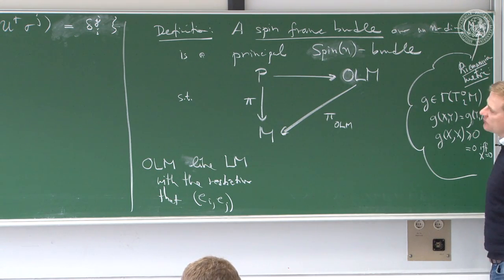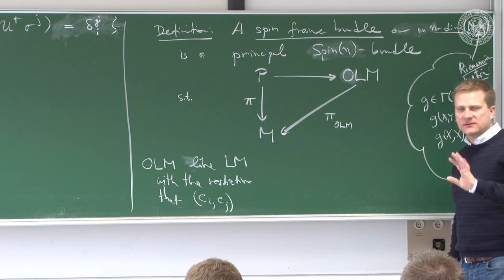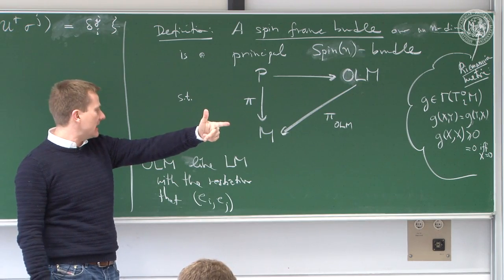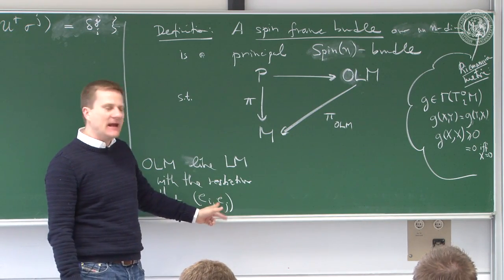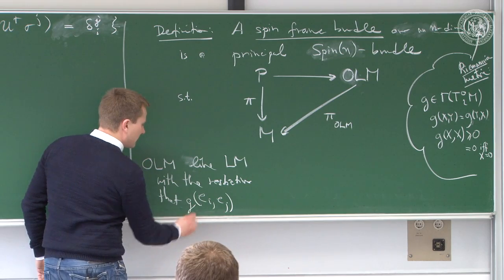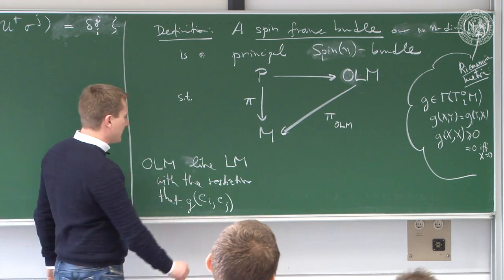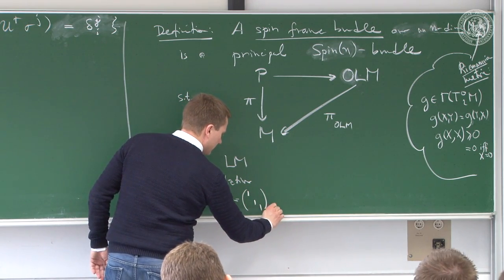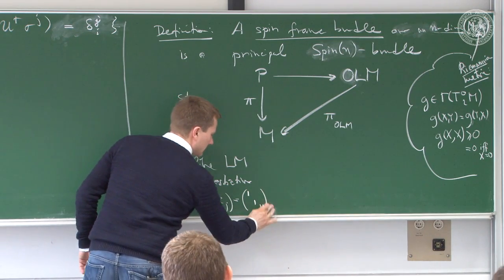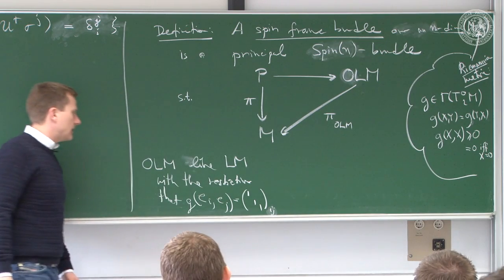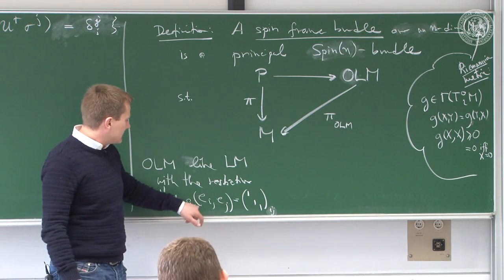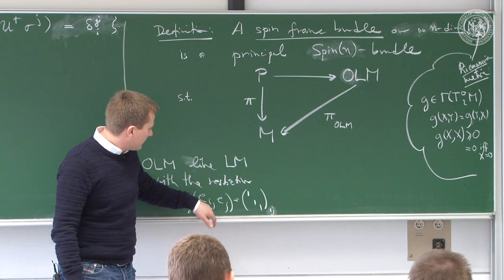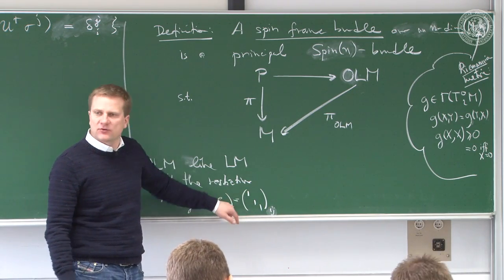I equip the manifold with this metric. And if M is equipped with this metric, in particular, if I have a frame at a position m, I can require that pairwise all these frame vectors at the point where I am give me this: if I take the first with the first, I get 1, and the first with the second gives you 0, so they're orthogonal to each other.